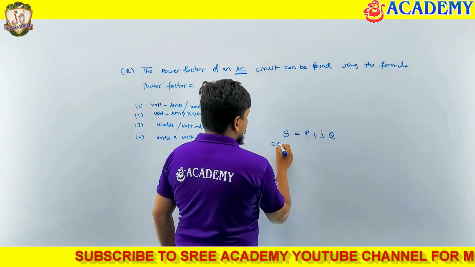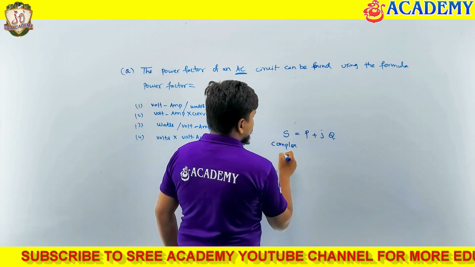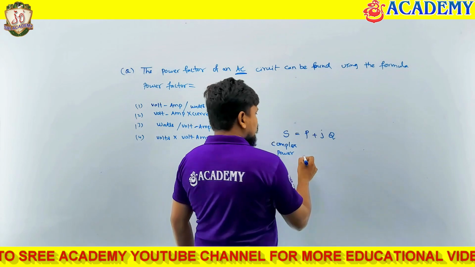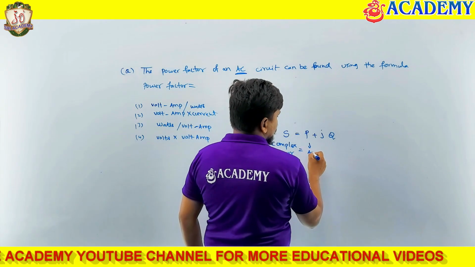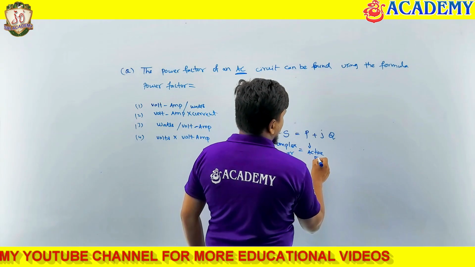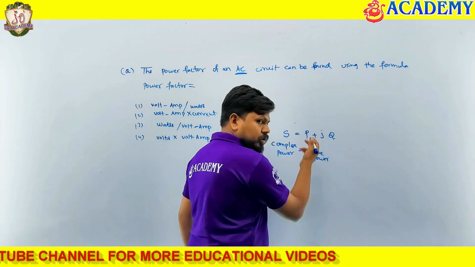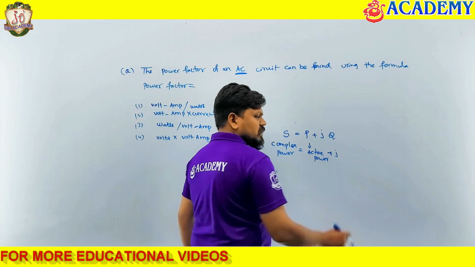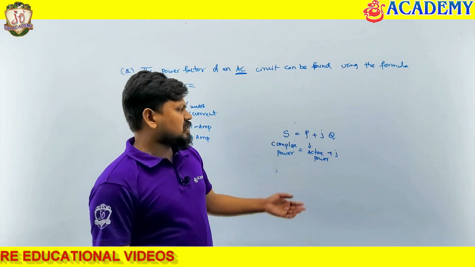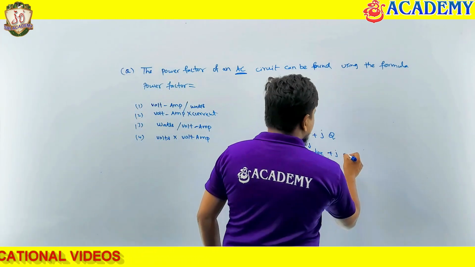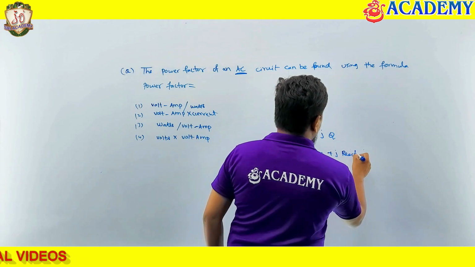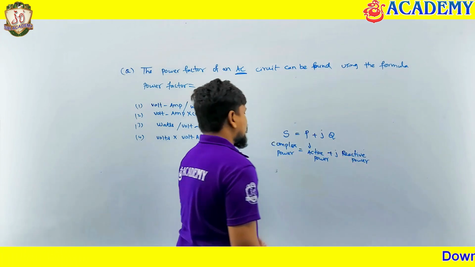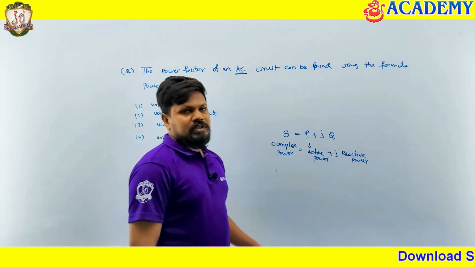The complex power is equal to active power, otherwise we can call it real power, plus j into, this is the imaginary term, which we can call reactive power. So complex power is equal to active power plus j times reactive power.